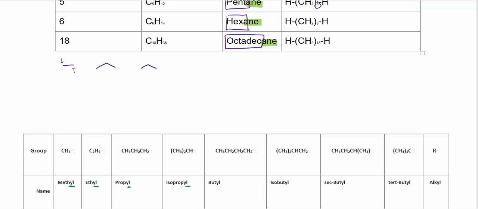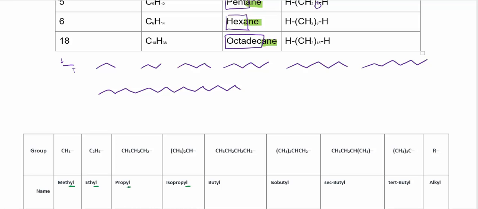So that would be propane, that would be butane, pentane, hexane, heptane, octane, etc. And we could keep going. We just keep zigzagging up and down. Remember, there's a carbon at every end and bend, and the hydrogens are implied. Carbon wants to make 4 bonds, so we could just keep going. But you get the idea.